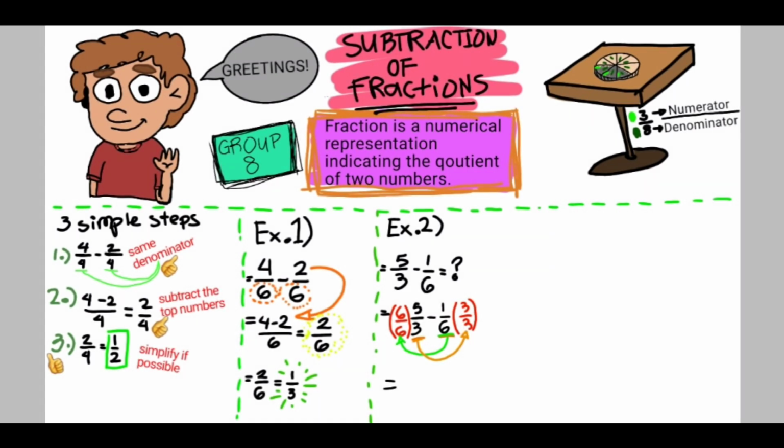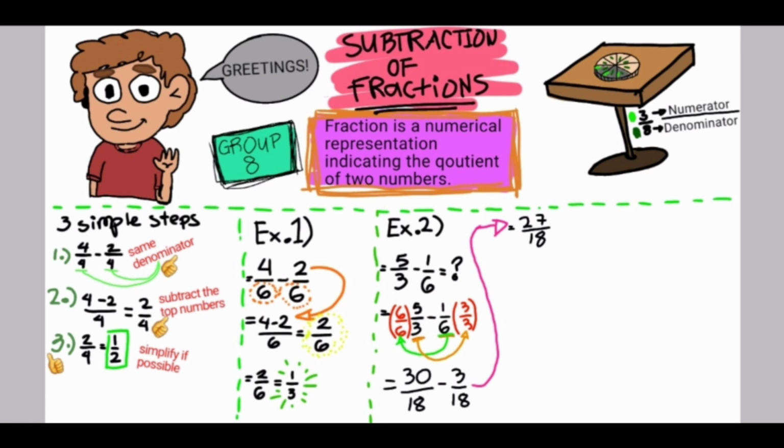Now the answer is 30/18 minus 3/18. And 30 minus 3 is 27. And we'll just copy the denominator, which is 18. And now what we do here is we simplify 27 and 18.